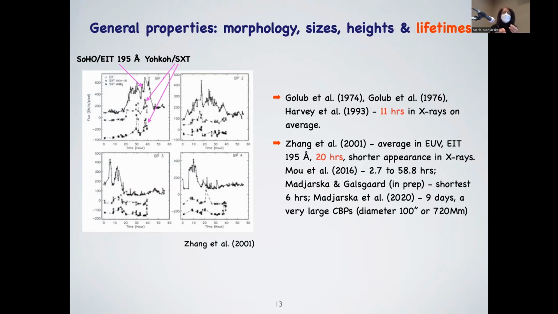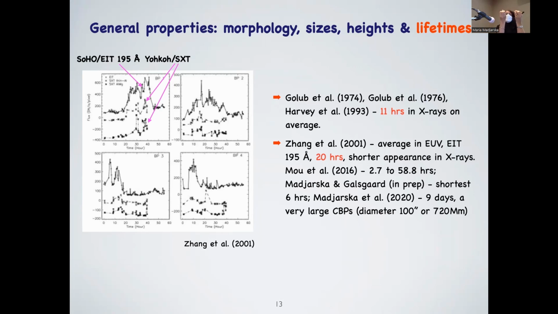But actually, the reason was, and you can see in this plot here, the top curve, the light curve, shows EUV emission, and the bottom two show X-ray emission, so emission from plasma at higher temperatures. And you see this little spike during the lifetime. Actually, this is in periods when a microflare or flare occurs in this small loop system. I will talk about these microflares later in my presentation.